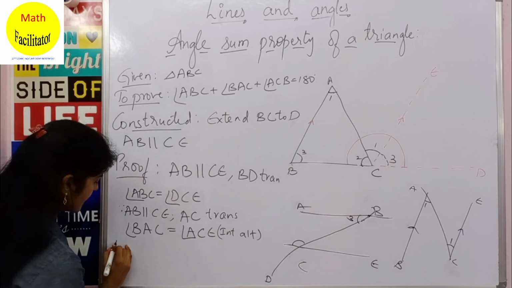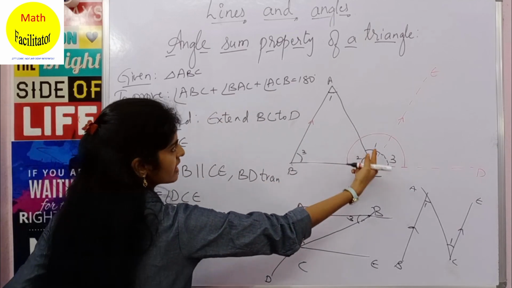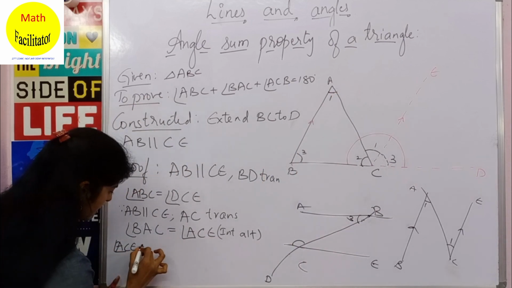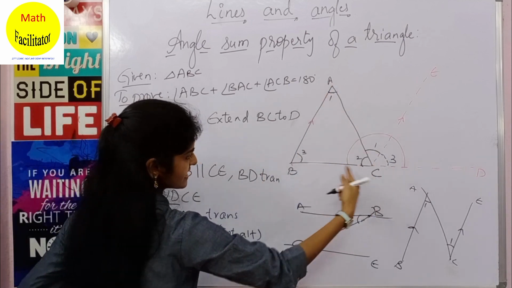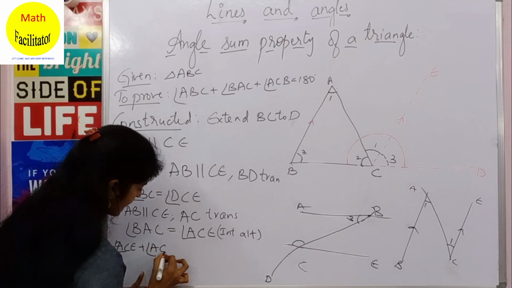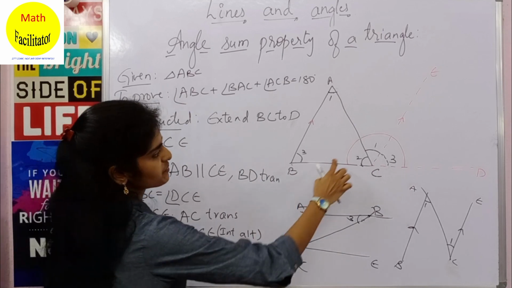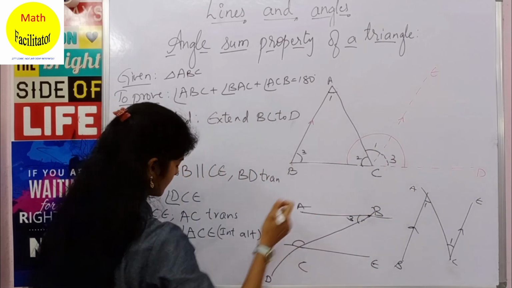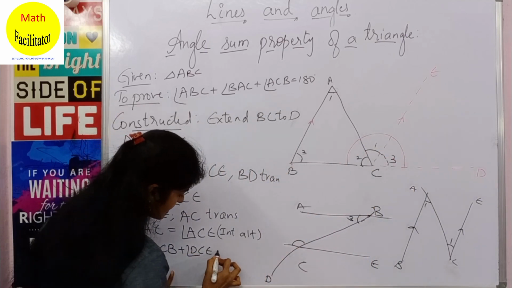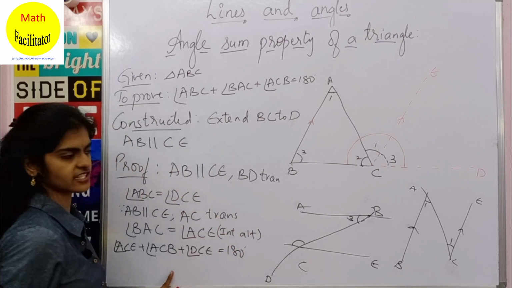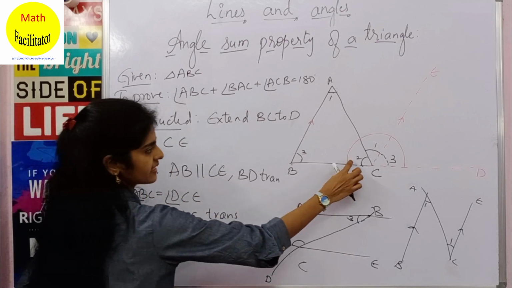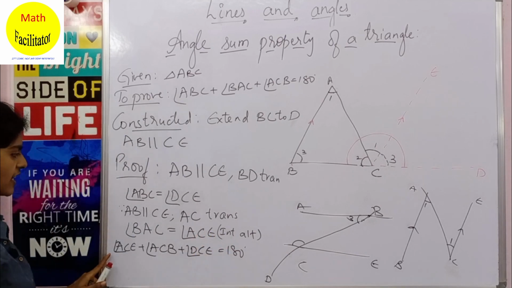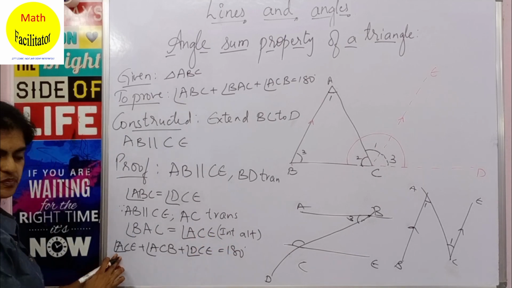So let me write here, angle 1 is nothing but ACE, plus angle ACB, plus angle ECD or DCE, both mean the same. Angle DCE is how much? It is 180 degrees. So the sum of these three angles is 180 degrees. But you know what is angle ACE?